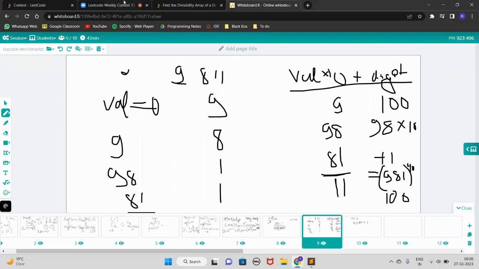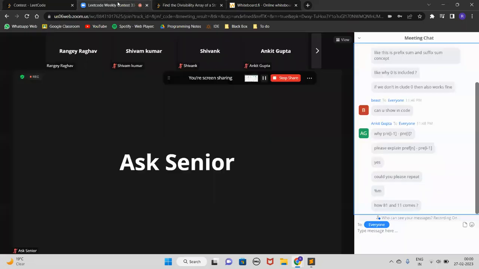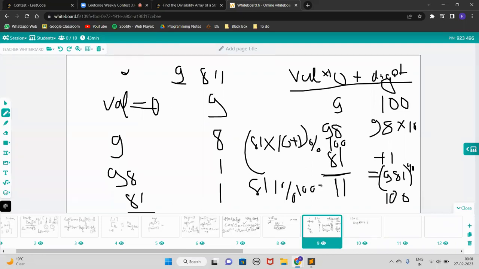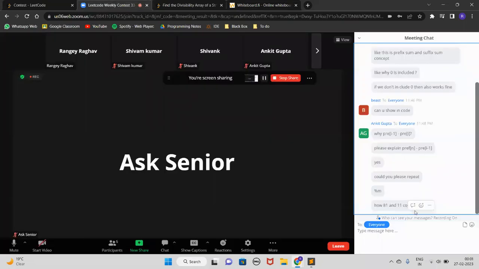This is how we are coming up with 81. And after that for 11, again 81 into 10 plus 1, and we are doing it mod 100. So it is coming out to be 811 mod 100, which is equal to 11. So hopefully this is clear to you.